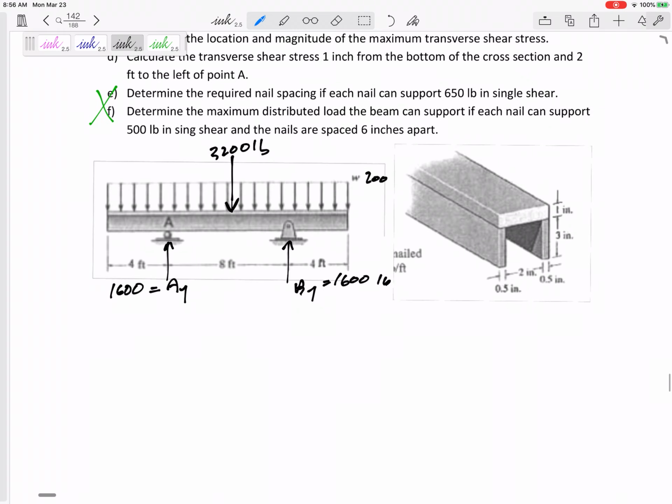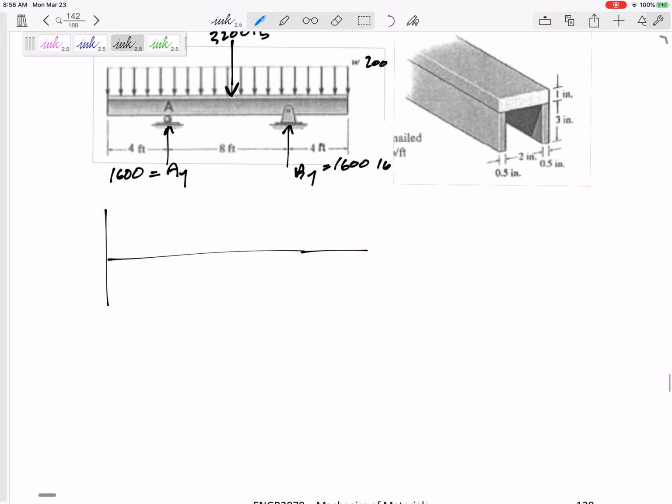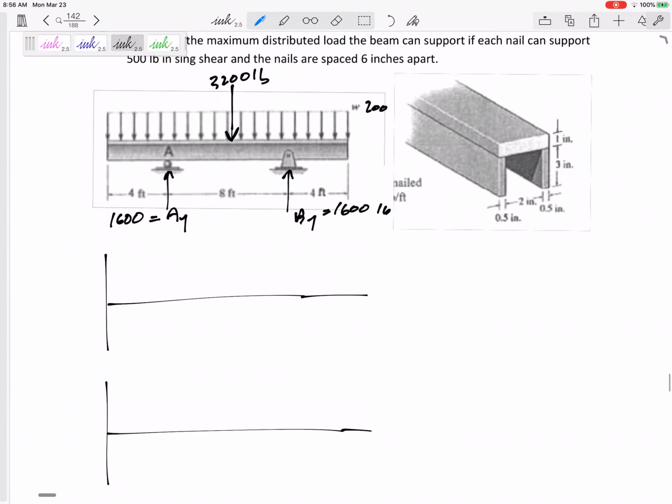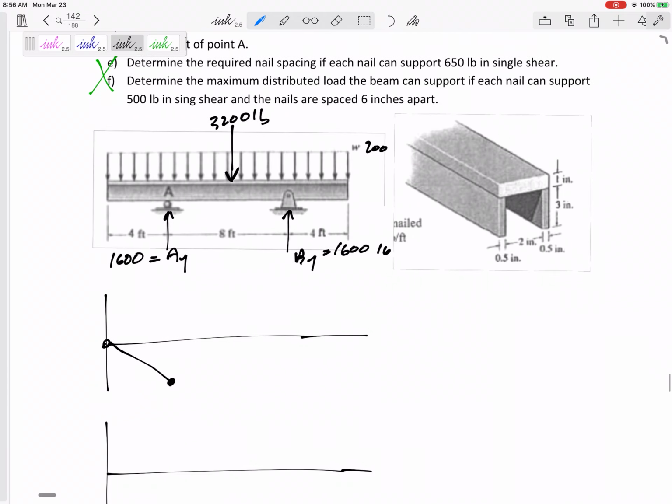All right, so what would that cause the shear diagram to look like? What would that cause the moment diagram to look like? Well, there's no immediate concentrated force, so it doesn't immediately jump up or down, but it does go down by some value linearly, right?